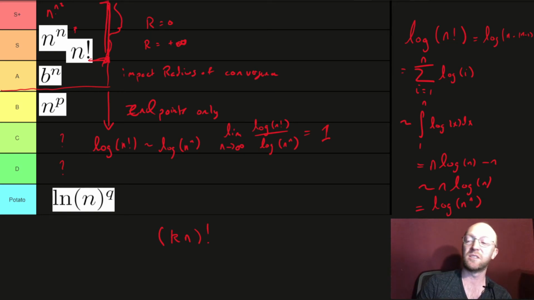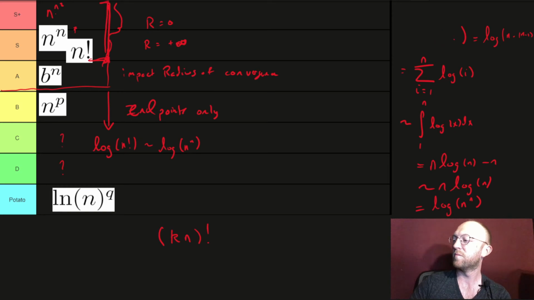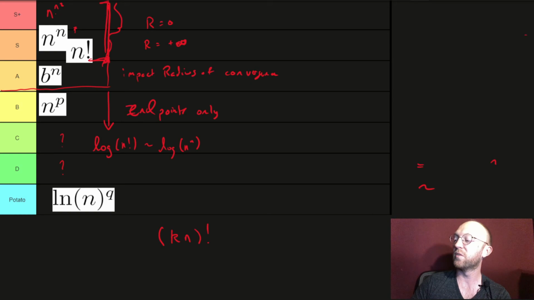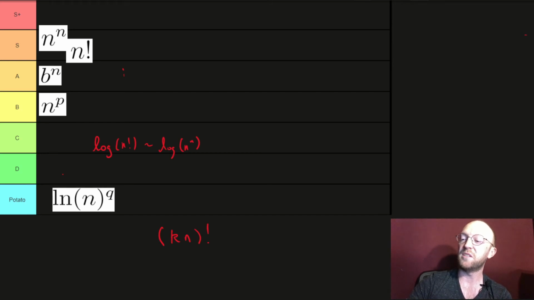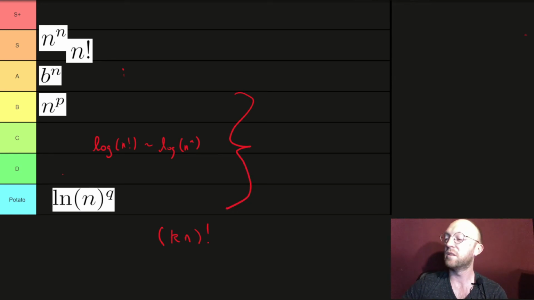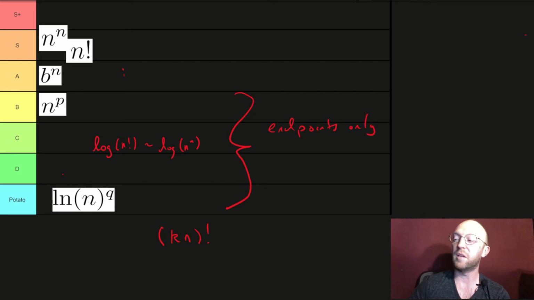Again, what separates low tier? Let's clean this up a little bit, to leave us with some thoughts. For B tier and below, endpoints only.